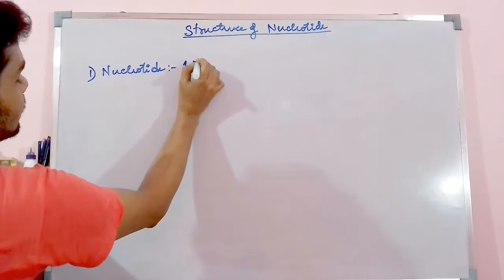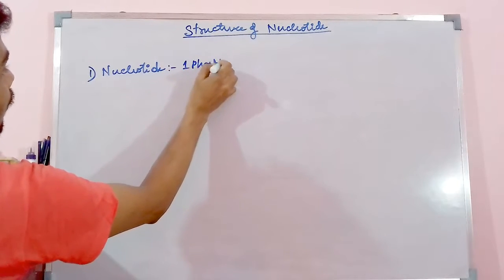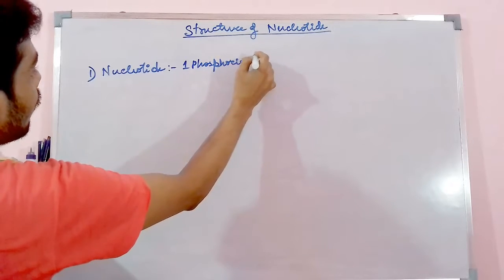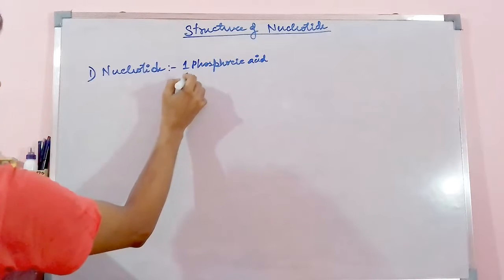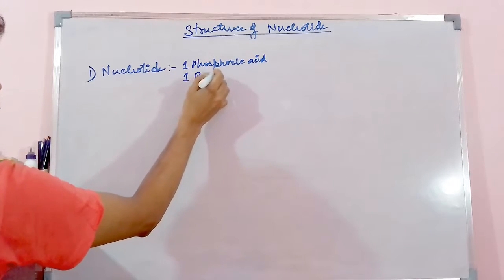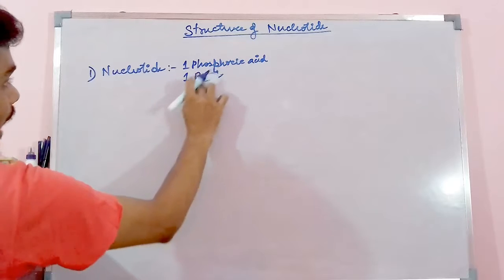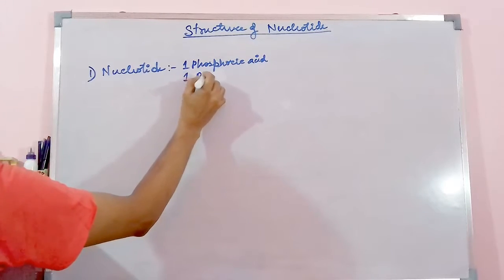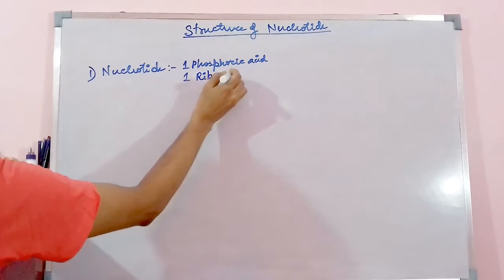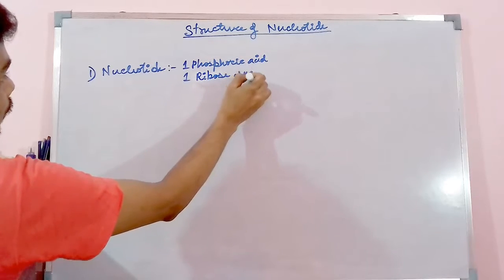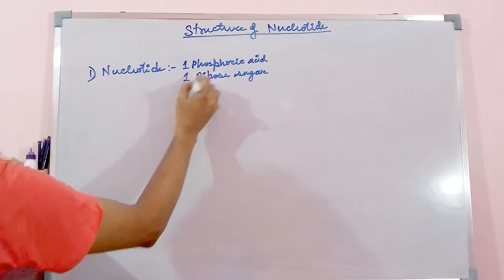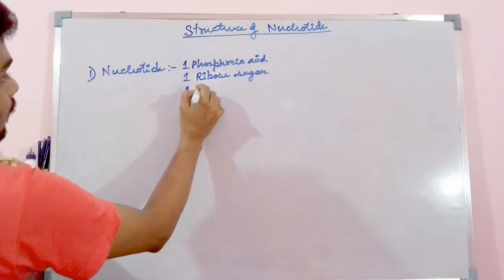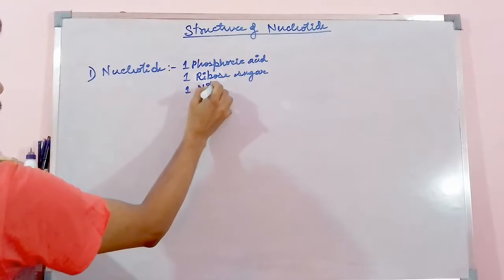One phosphoric acid, one ribose sugar, sorry, ribose sugar, 5 carbon sugar actually, and one phosphoric acid, one ribose sugar, and one nitrogenous base.